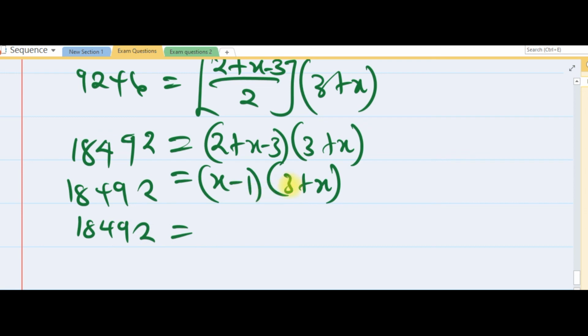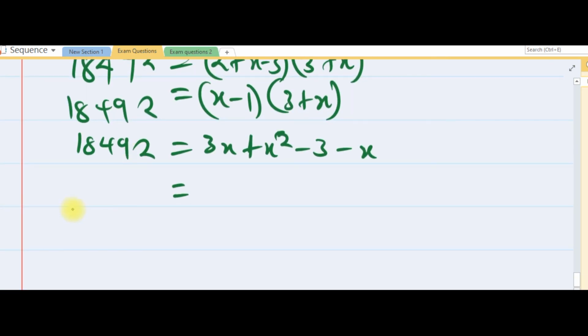This times that is 3x. This times that is plus x squared minus 3 minus x. So we have a quadratic equation now. We have x squared, plus 3x minus x is plus 2x.